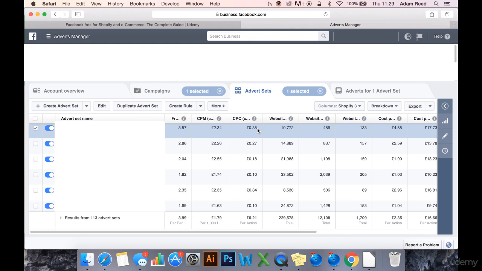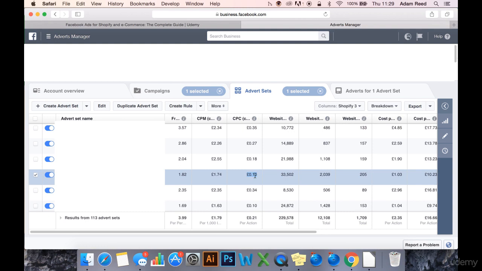Which one do you want more? Do you want 10 clicks or 3 clicks? I don't even need to answer that question for you. It's very, very obvious, but people often get told what to do and not why to do it. So that's why I'm explaining. It's just a matter of optimizing your budget, getting the most for your money, basically. 10 clicks or 3 clicks?